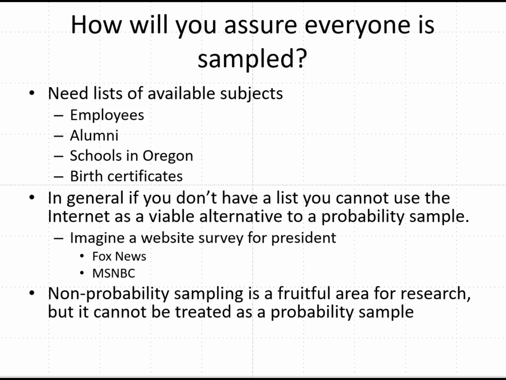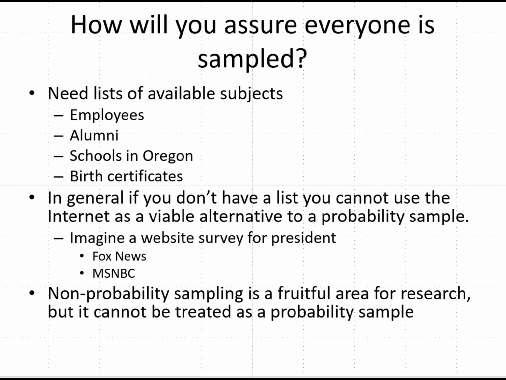In general, if you don't have a list, you cannot use the internet as a viable alternative to a probability sample. You can't just post something on Fox News and get an accurate estimate of who the next president's going to be. You wouldn't get an accurate estimate of the next president if you looked at MSNBC.